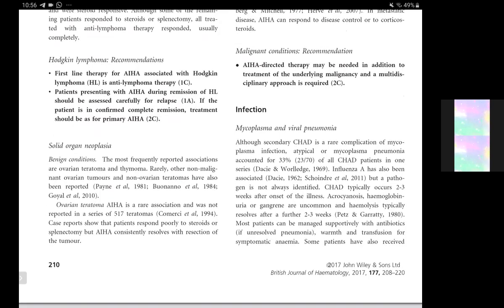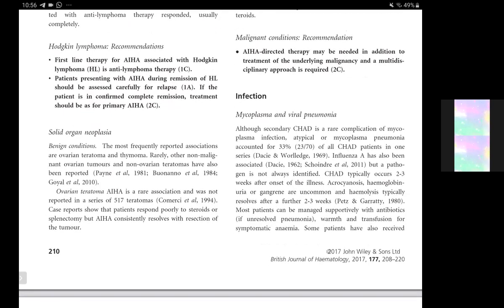Now, regarding solid organ neoplasias, the benign ones, ovarian teratoma and thymoma, are associated, and for these the management would also include just the treatment of the underlying tumor, for example the removal of ovarian teratomas. It is a rare association, but was not reported in a series of 517 teratomas.